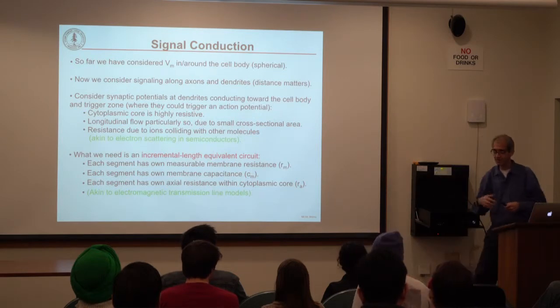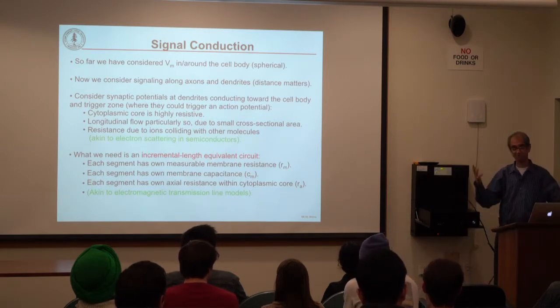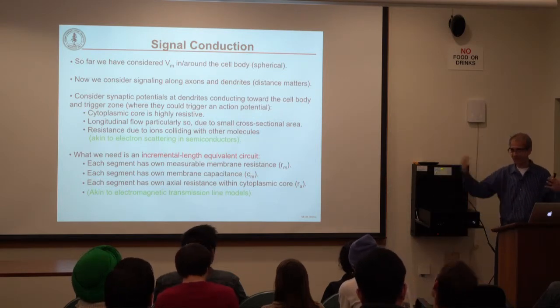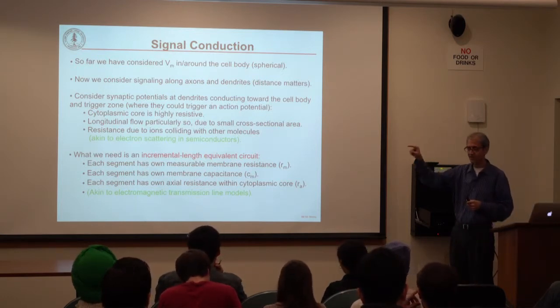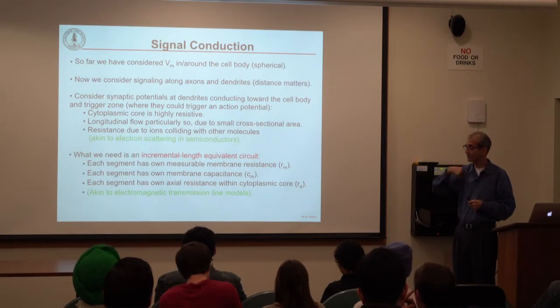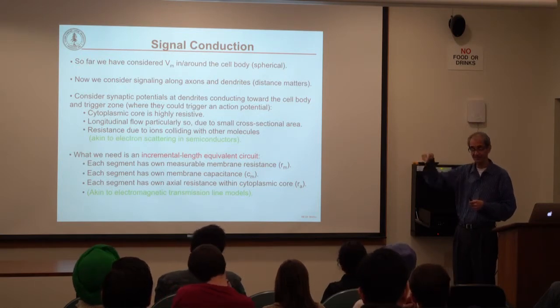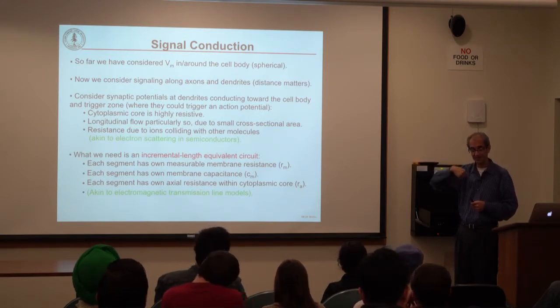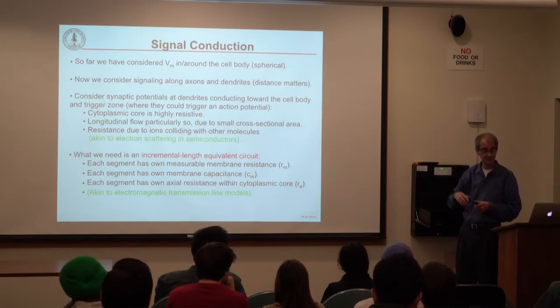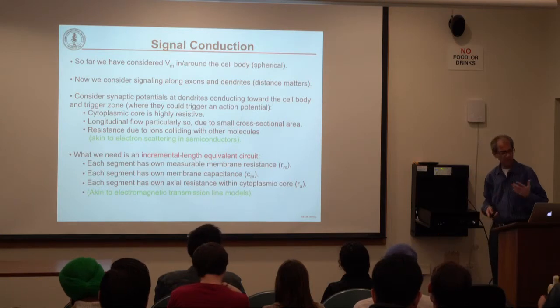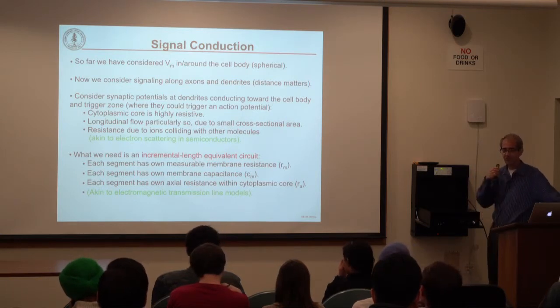A dendrite then comes into me, and I'll play the part of this postsynaptic neuron. For that signal to reach me, it has to come down its axon, and down the dendrite into me. Let's ignore the synapse for the time being. So what about those signal properties in those long wire-like elements?